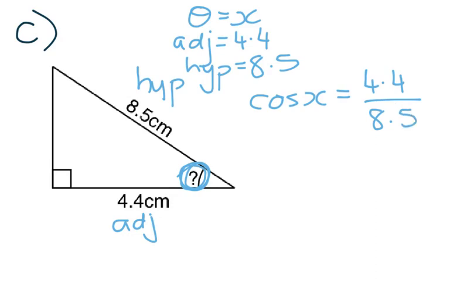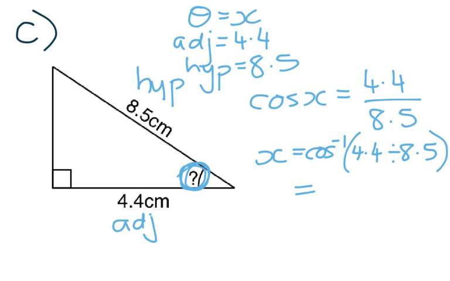And again, we're at that situation where it's the cosine that we need to move, which means we have to use that second function, that shift function, to get the inverse of cosine. So our working out would be cosine -1, so the inverse of cosine, and then 4.4 divided by 8.5. Remembering that that fraction line means division. And the answer is 58.8, which means we get 59 degrees as our answer. So that angle that I've circled on the diagram there is 59 degrees.